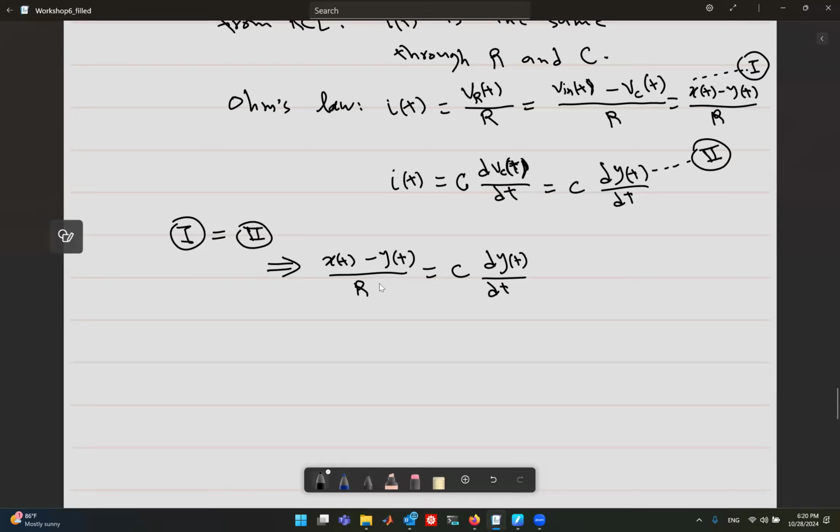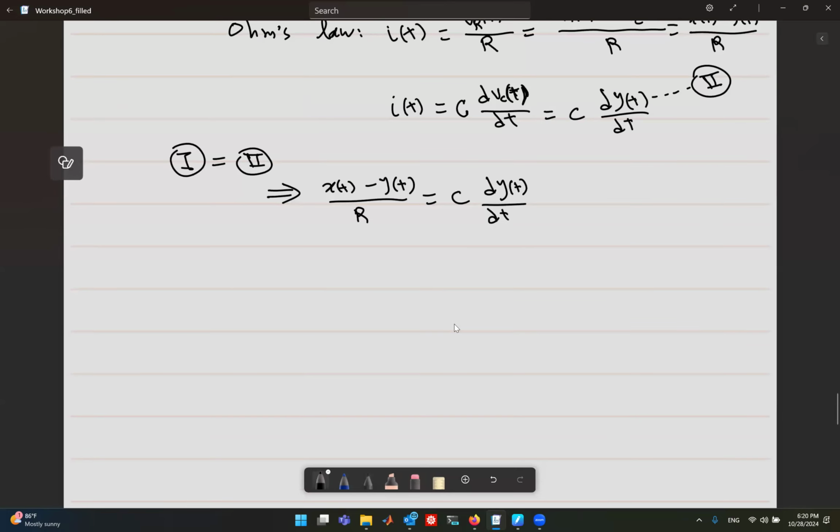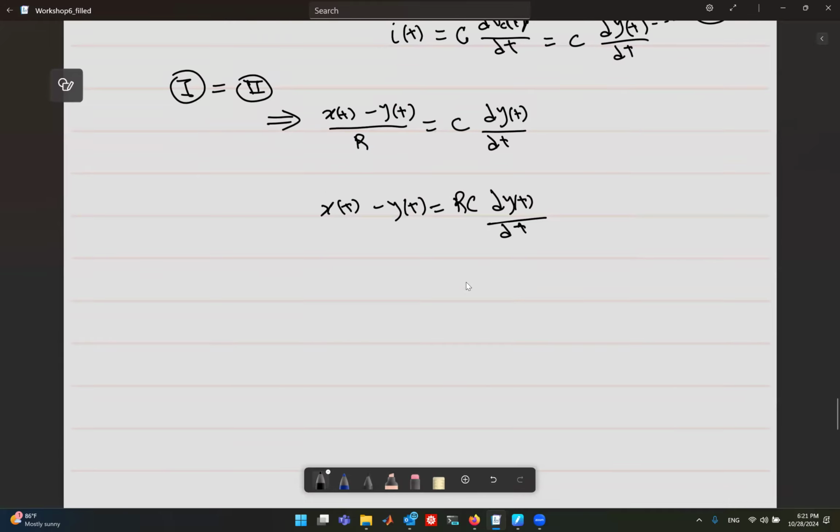And if we multiply by R and then separate x and y, one of them on the left and the other on the right, we'll have x(t) minus y(t) equals RC dy(t)/dt. And then x(t) will be equal to y(t) plus RC dy(t)/dt.